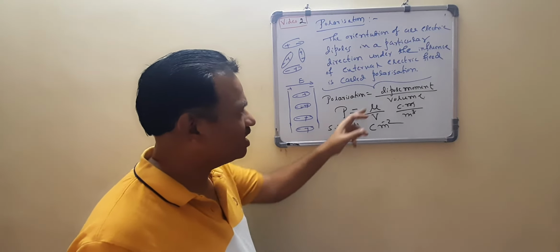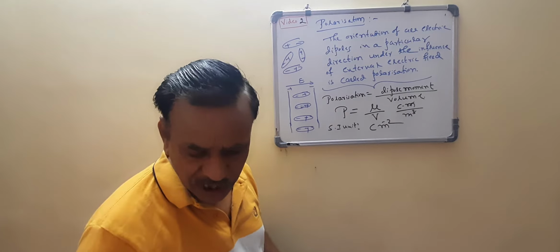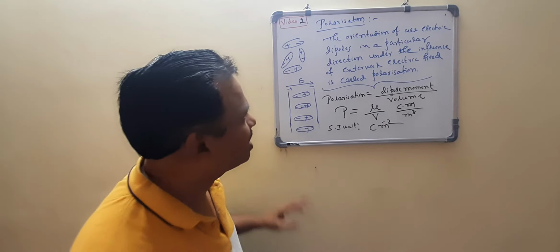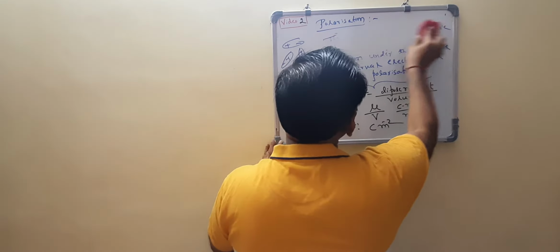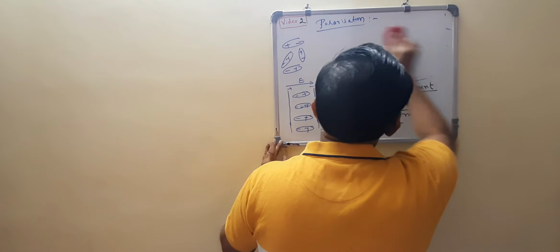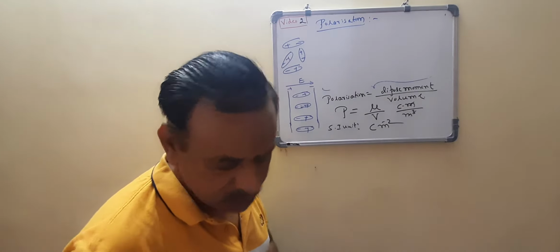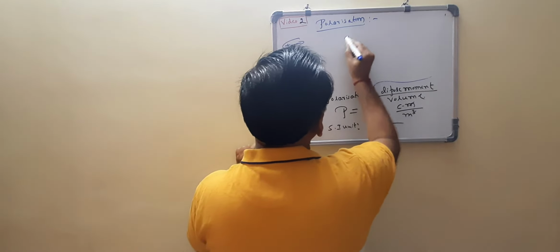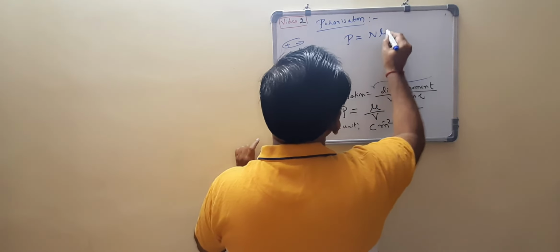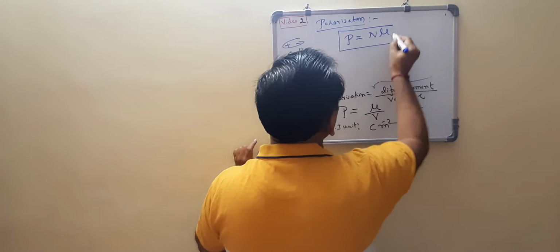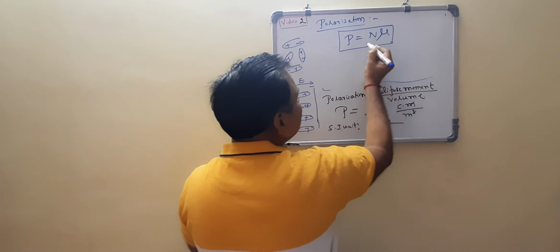Mathematically, polarization is dipole moment per unit volume. Some books define it in a different fashion: P equals N into mu. What is N here?